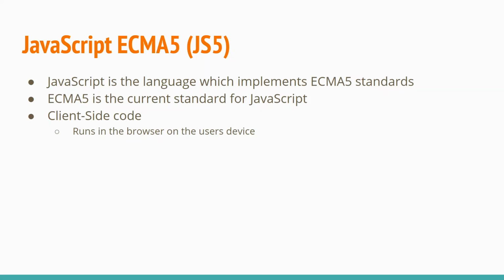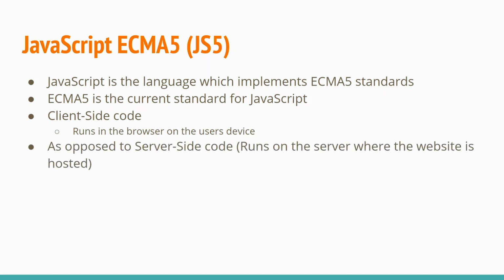This means that the user's device is processing the information that is being relayed through JavaScript. This is very different than server-side code. Server-side code means that all of the information is being processed on the server where the website itself is hosted.